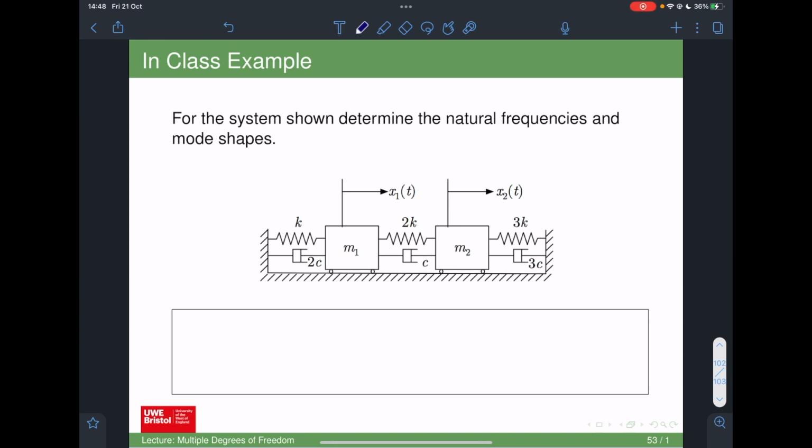So there's 3 steps we're going to go through. Step 1 is determining the equation of motion. So 1, EOM. That's obviously doing that equation. So we've got M1, M2, 0, 0, x1 double dot, x2 double dot.